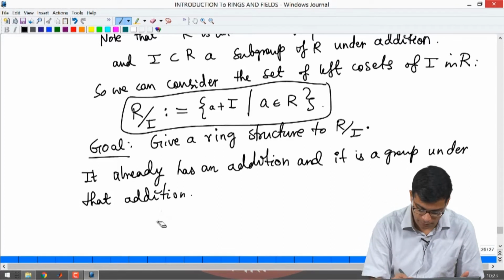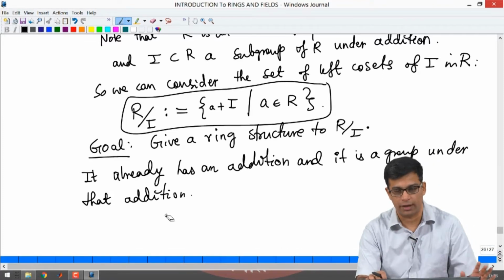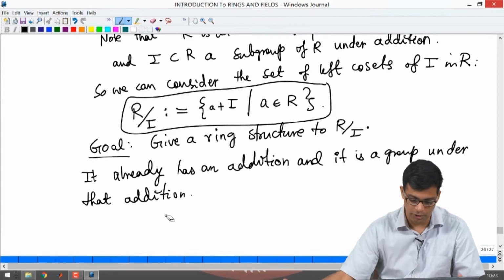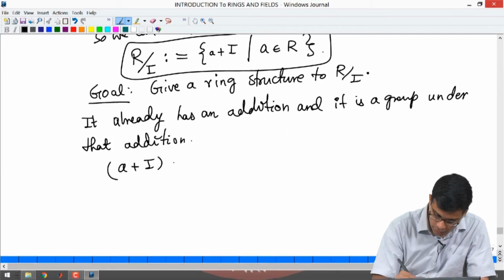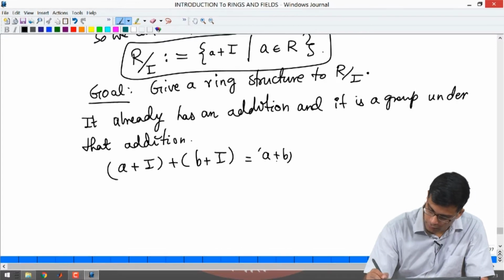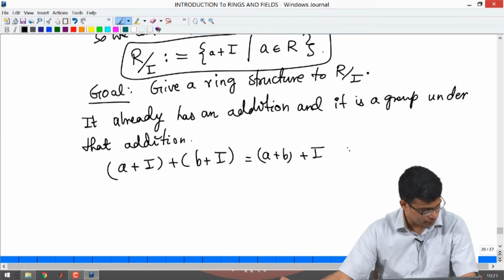So, a plus I. As I told you, when I define R mod I I do not refer to multiplication. So, how do I add two cosets? It is simply a plus I plus b plus I is a plus b plus I. So, under this R mod I is a group.